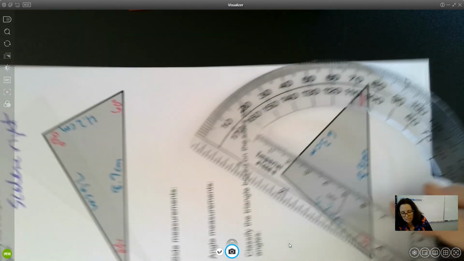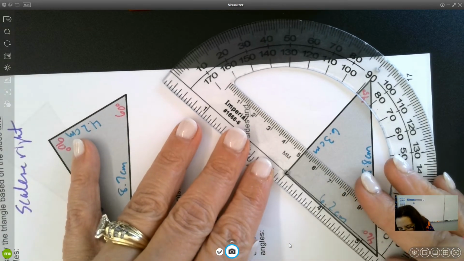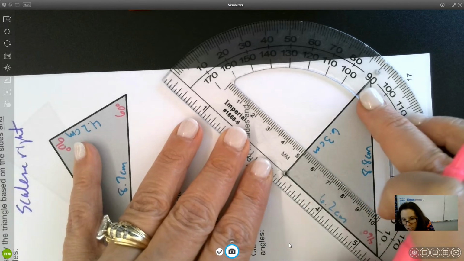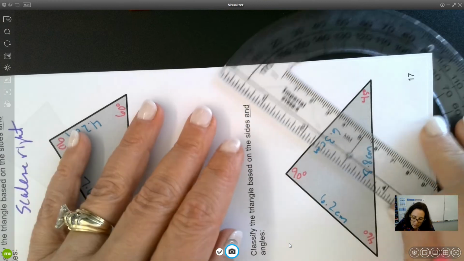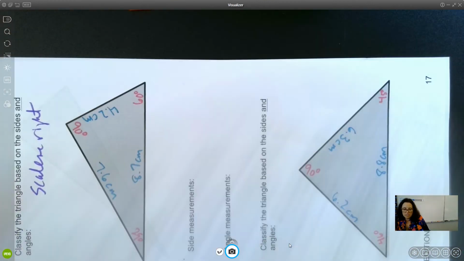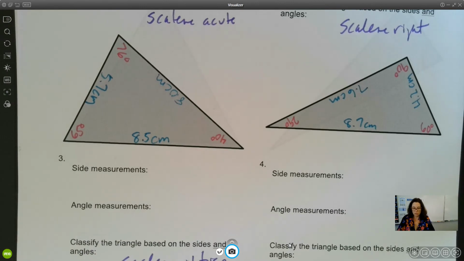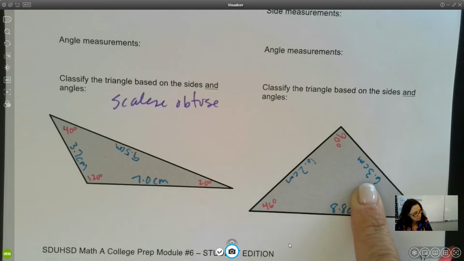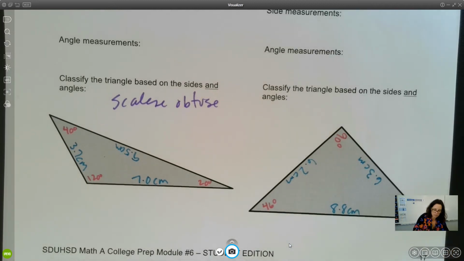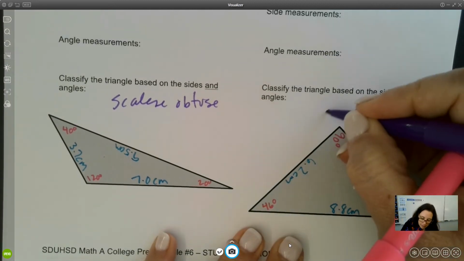And this guy right here, pretty much a 90. So this would be a scalene right for me. If you got these two to be equal, which you might have, let me scooch it up so you know what I'm pointing at. If you got these two to be equal, you would have an isosceles right. Mine is scalene right.